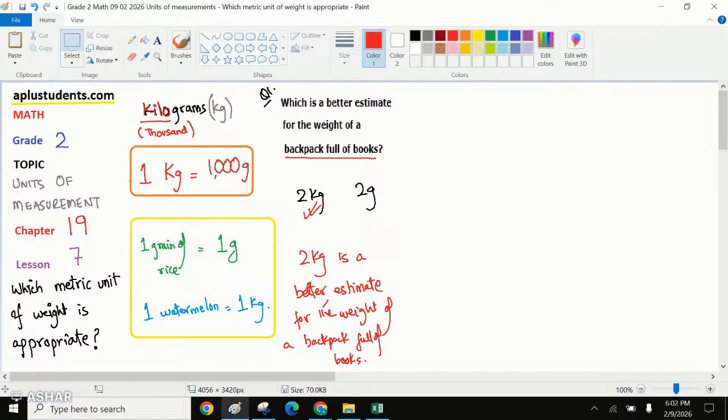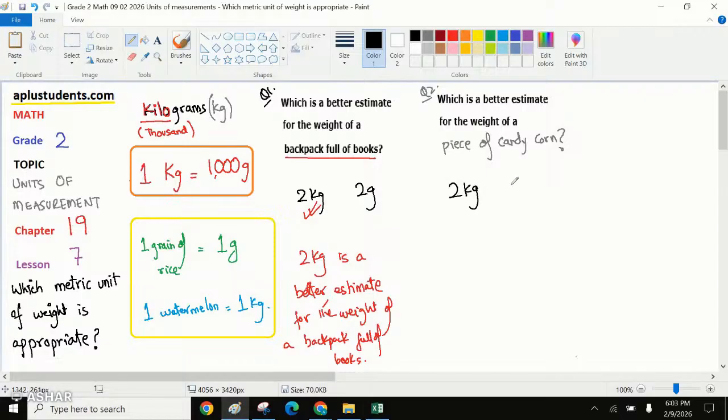For the next question, which is a better estimate, question number two, they're asking us about a piece of candy corn or cotton candy or any other candy. Let's suppose the two options given to us are again 2 kilograms or 2 grams.